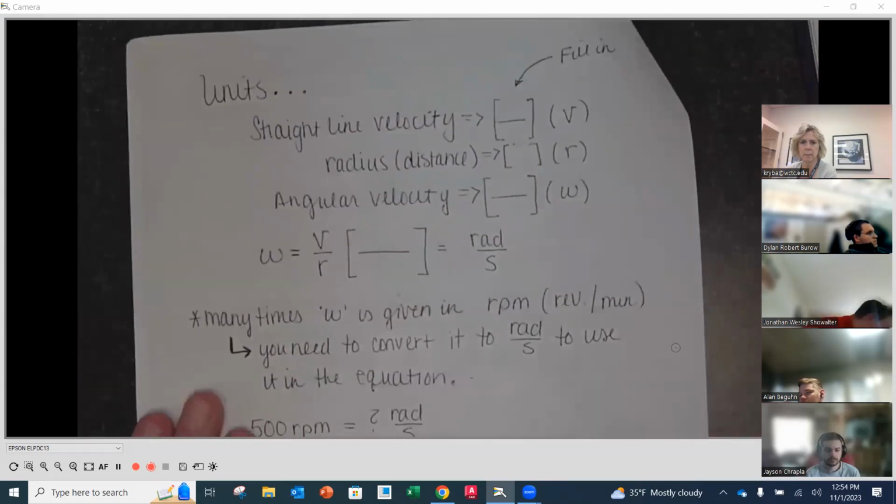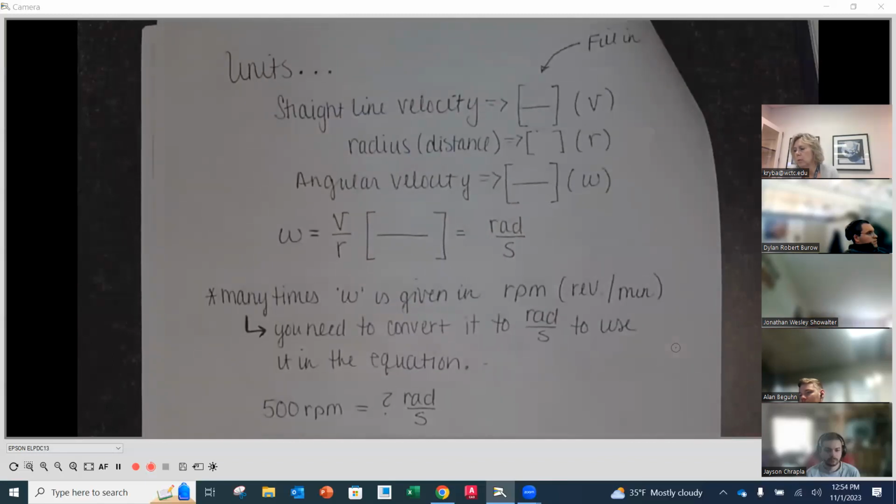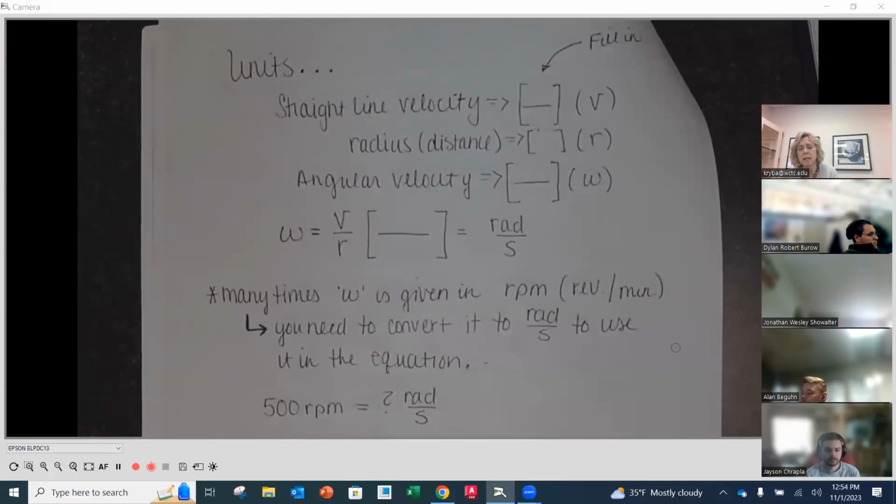Turning the page. Here's some fill in the blanks. As we look at units, that is something I put a huge emphasis on in every one of my classes. If there's anything where you have to do calculations for me, we're going to be deciphering units.